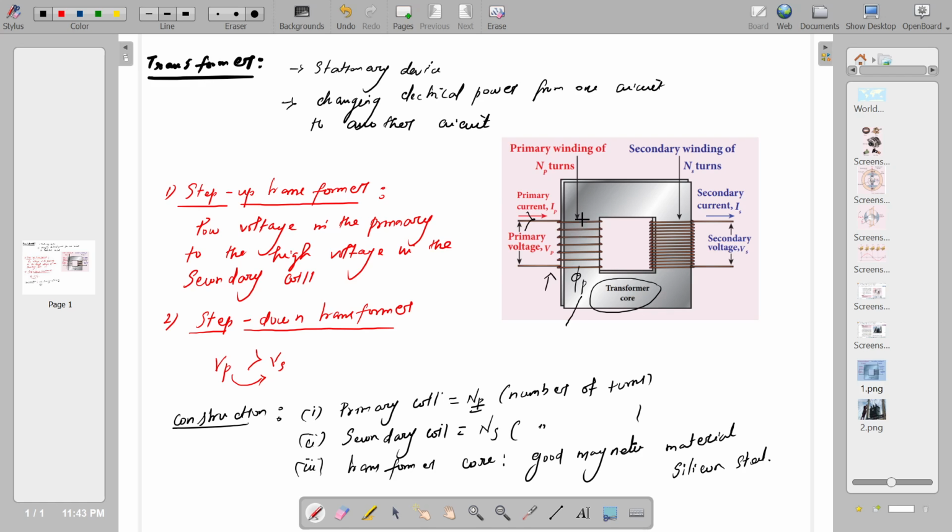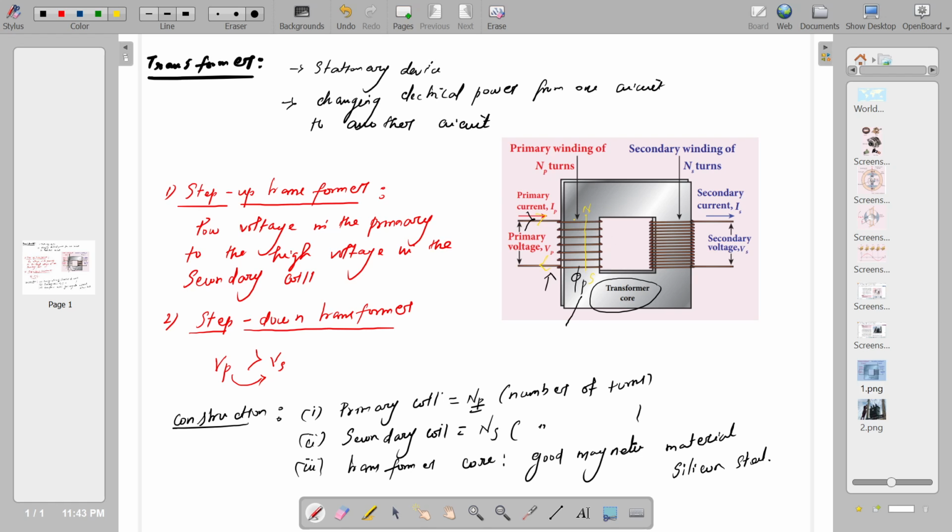Suppose we use the right hand thumb rule here. The alternating current goes like this, then comes out of the coil like that. The thumb should be pointing upward, so that represents the north pole, and the opposite is the south pole.